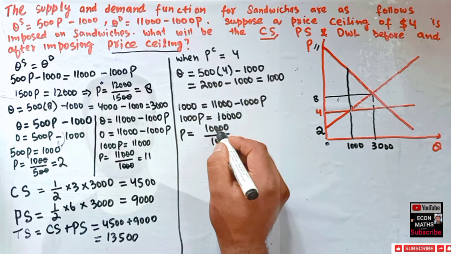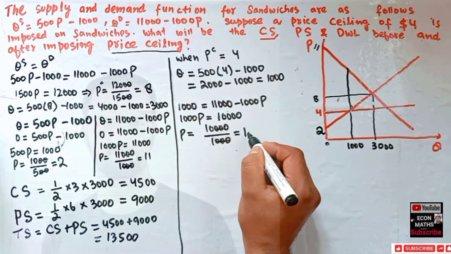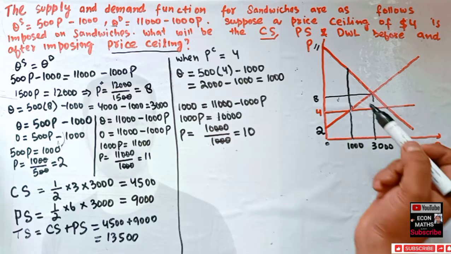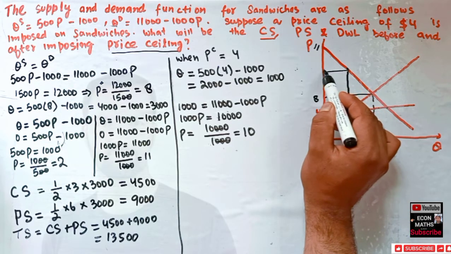So this gets cancelled and we get price equal to 10. So corresponding to the quantity of 1000, the price would have been 10.